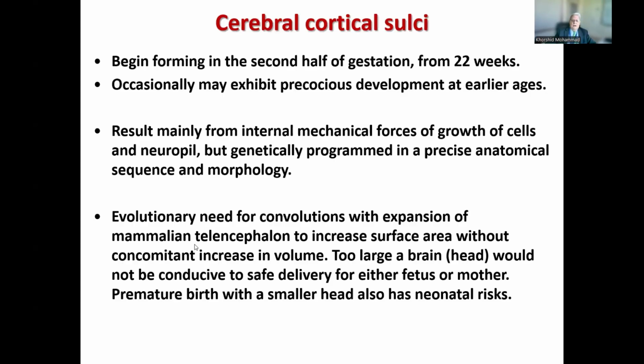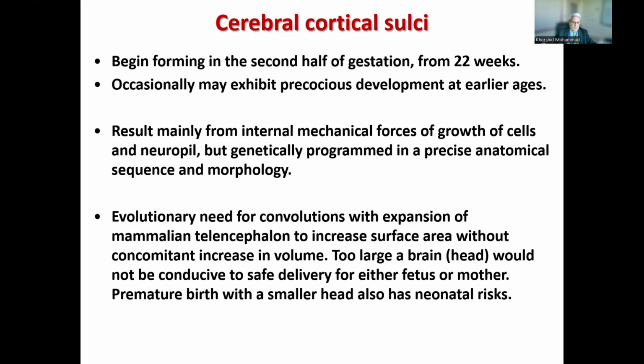And there is an evolutionary need for convolutions to occur in the cerebral cortex, because the cerebral cortex is a laminated structure. And with the large number of cells that it contains by term, if you had a smooth brain and you didn't have the development of the sulci, the brain would be so large that it would be unsafe for delivery for either the infant or for the mother.